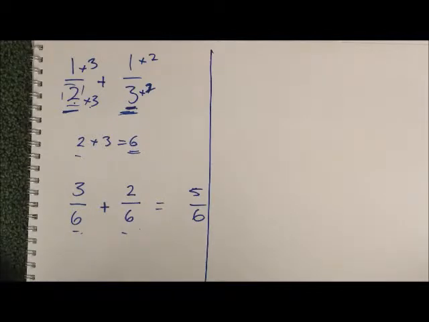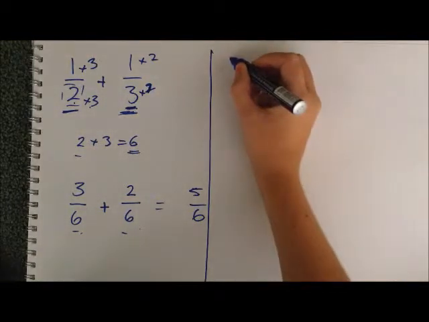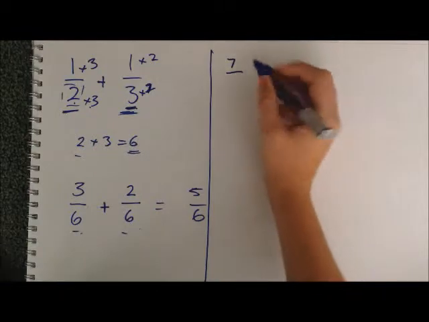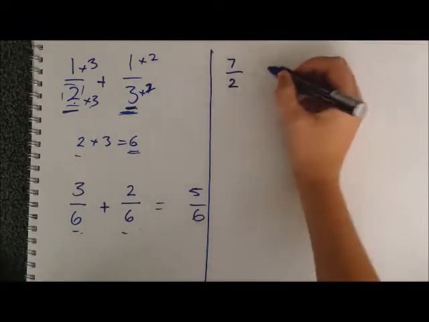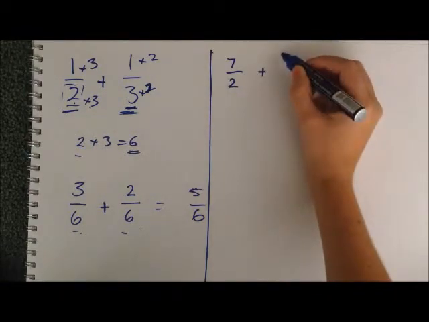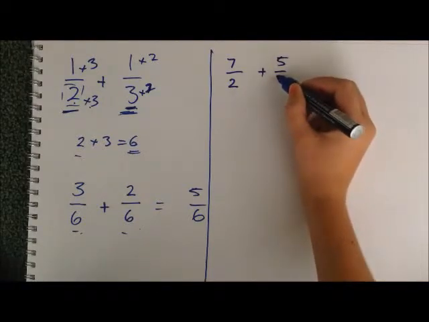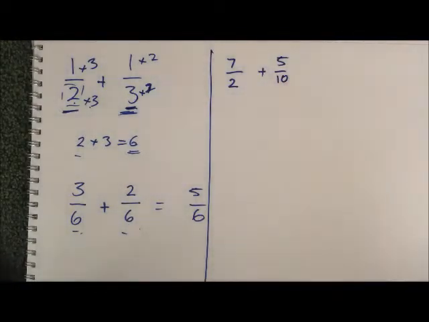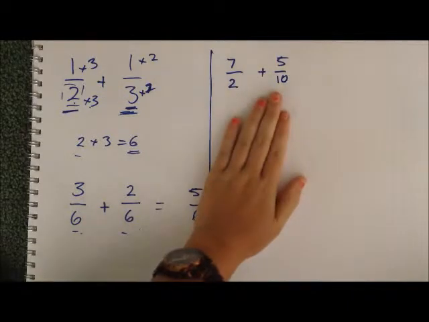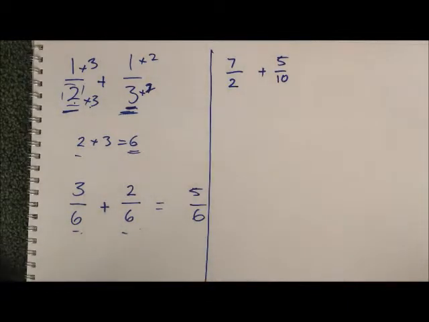Let's go 7 on 2 plus 5 on 10. Now what I want you to do is pause, work this out and see if we get the same answer. So pause now, please.